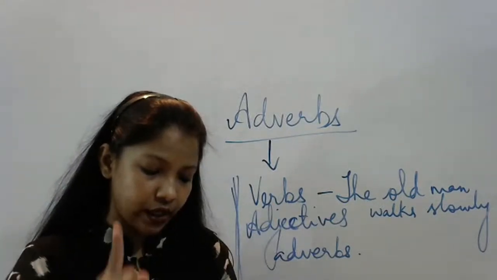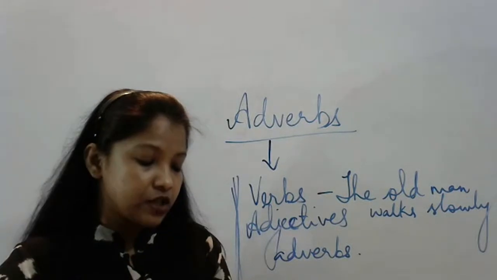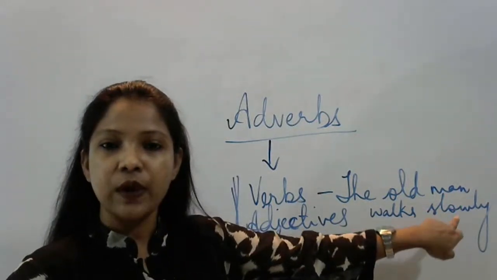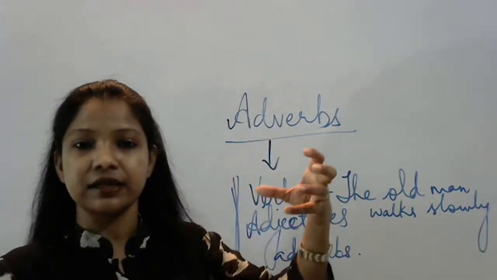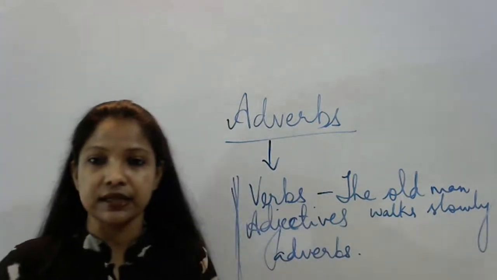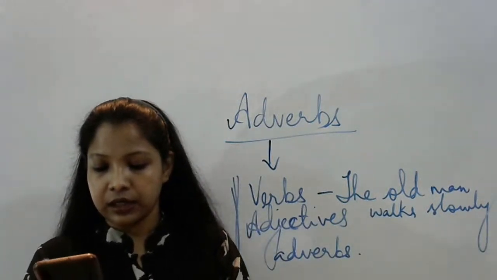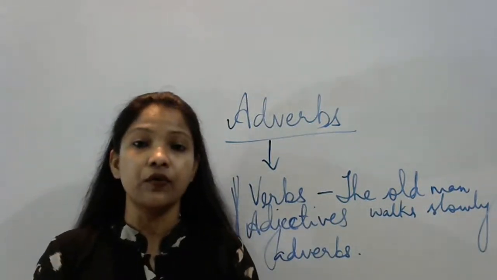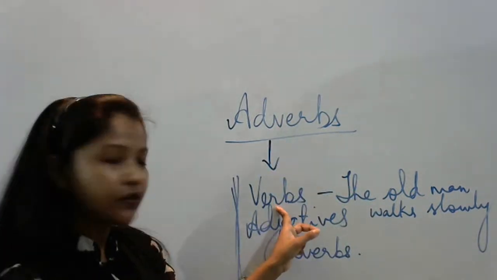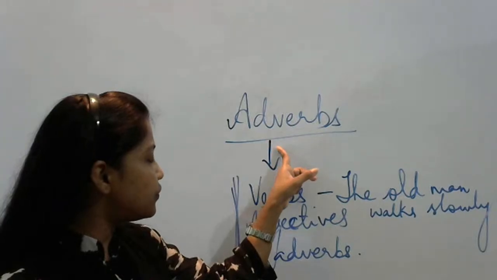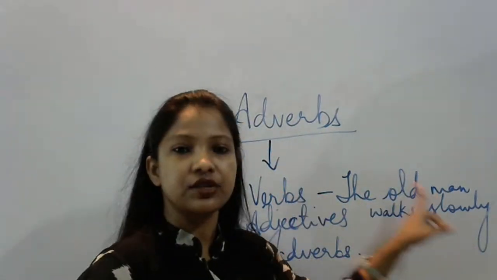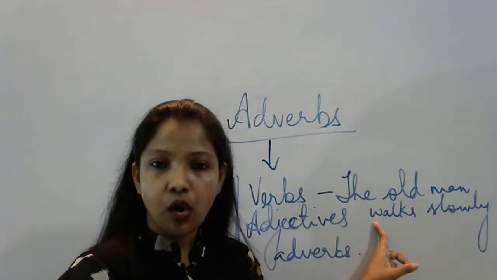Slowly, fine, Sanvi Agarwal. So slowly is the adverb. And which word is it describing? Yes, it's describing the verb walks. So verb ho gaya. Adverbs are words which describe verbs. Here slowly is describing walks.